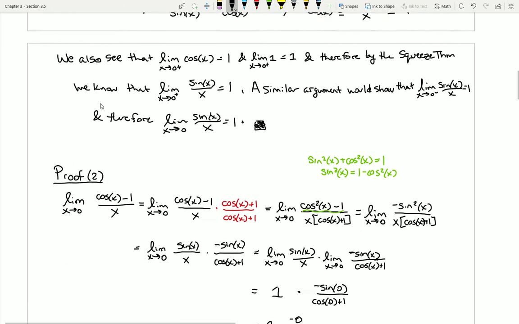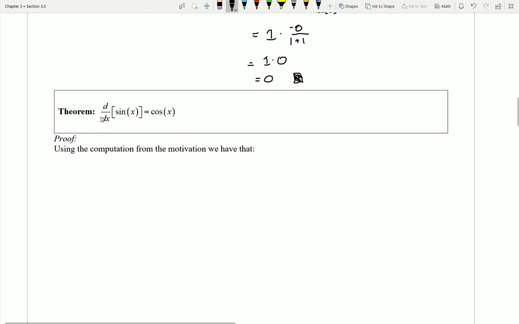So here's what we're going to have. Down in the box below, I state that the derivative of the sine ends up just being the cosine. And here's our proof. We know that the derivative of the sine function was able to be simplified into the following.